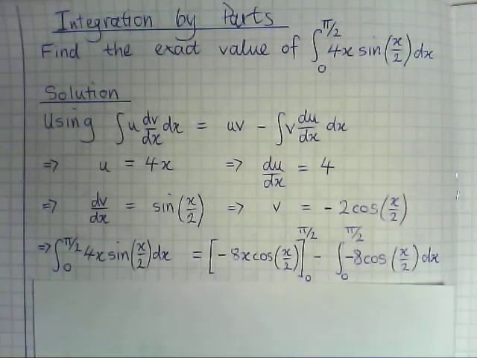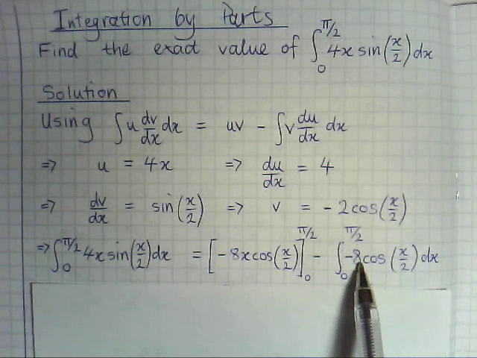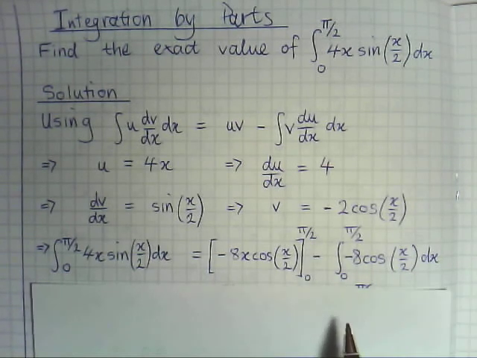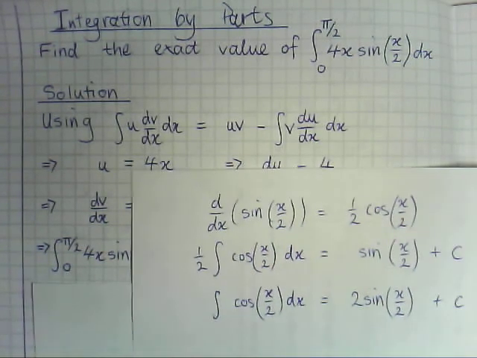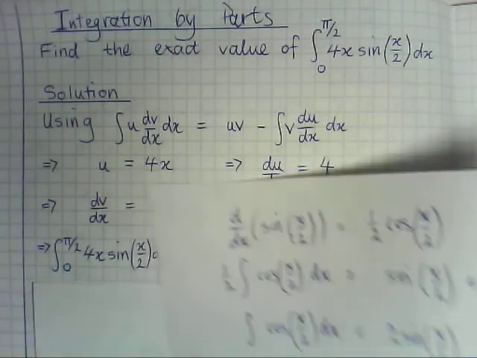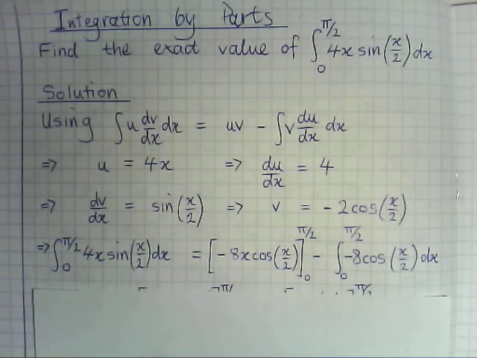Now we're going to use this fact. So the negative 8 comes out, gives us a positive 8, and we also got a 2 sine x over 2 term when we integrated cos x over 2.